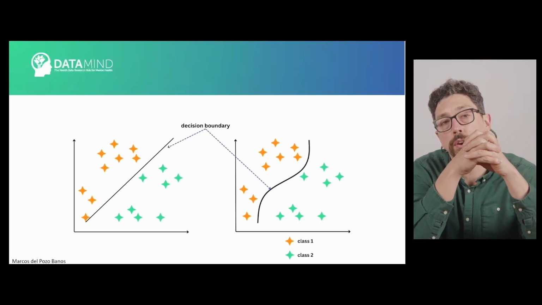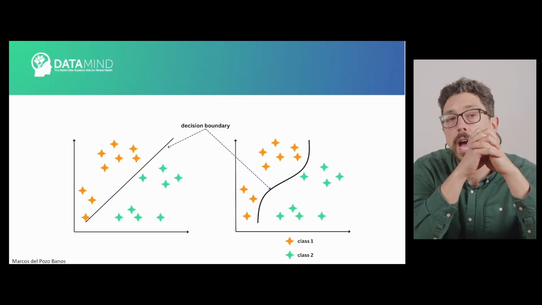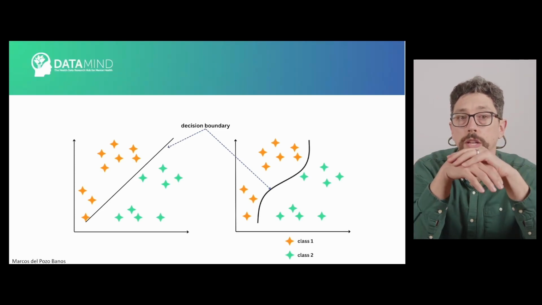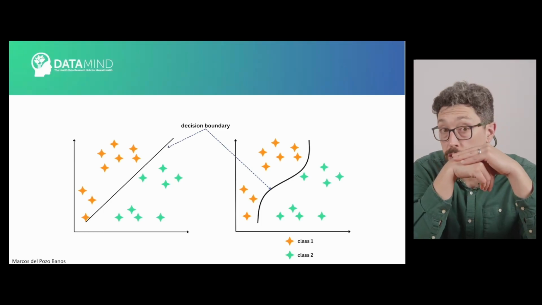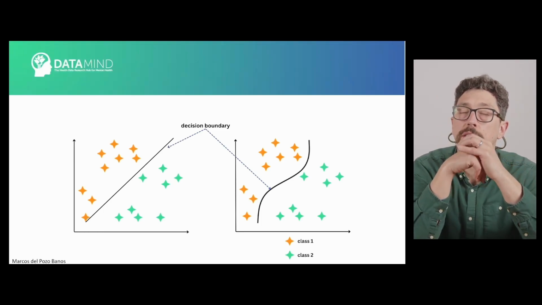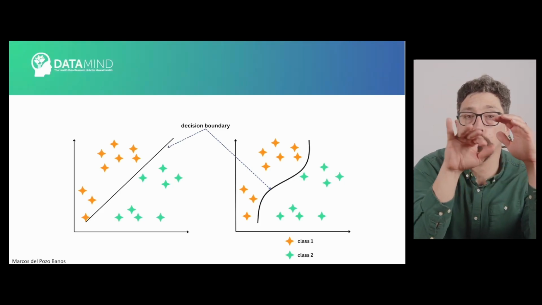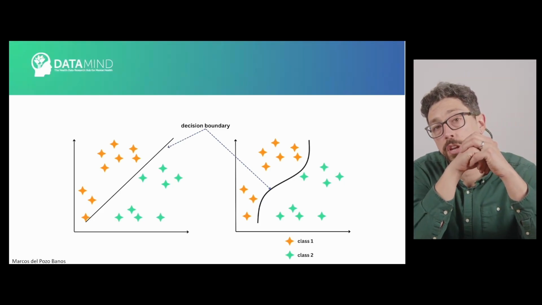This line we call a decision boundary, and it can either be a straight line, in which case we say that the problem is a linear problem, or that it is linearly separable. And if it's a curve, we say that the problem is a nonlinear problem.